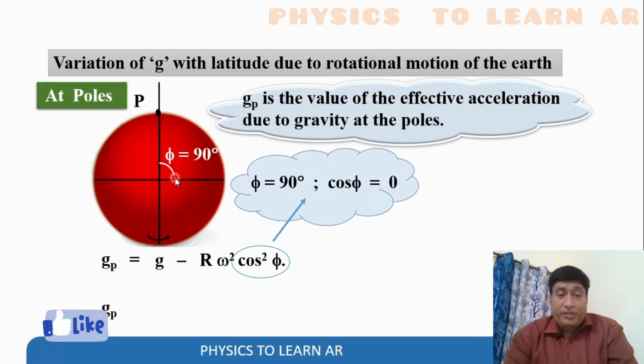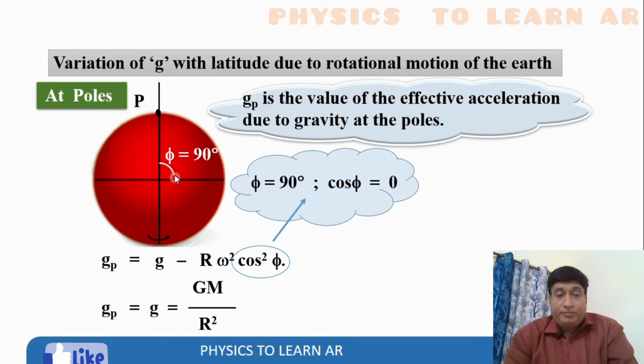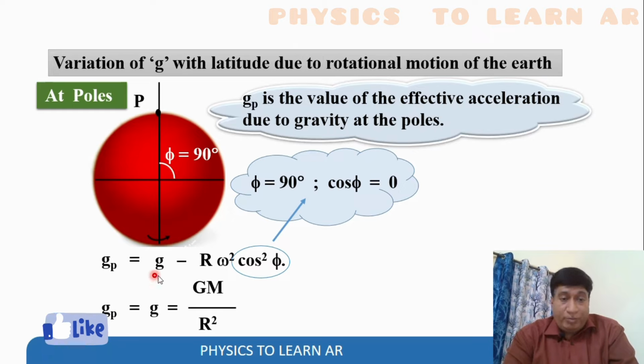So at the poles, gp is equal to g. That we have proved, small g equals capital G into capital M by r square. This is a relation between small g and capital G, which we have proved.